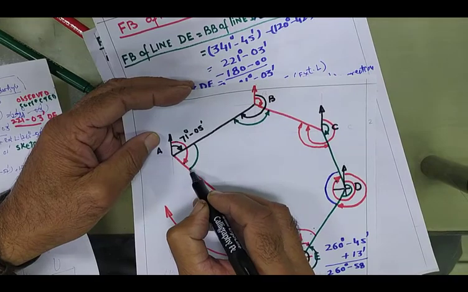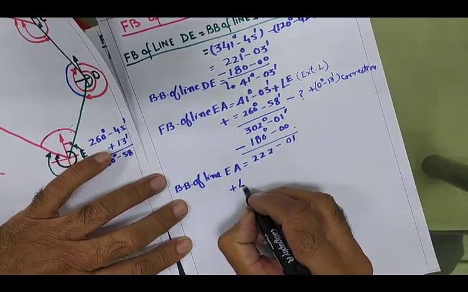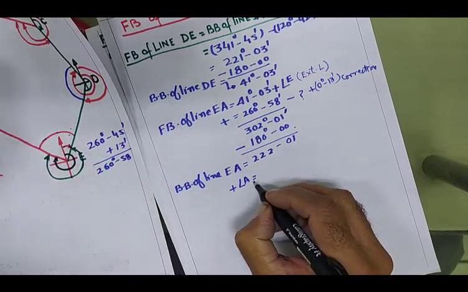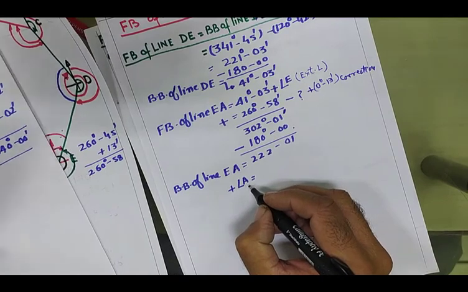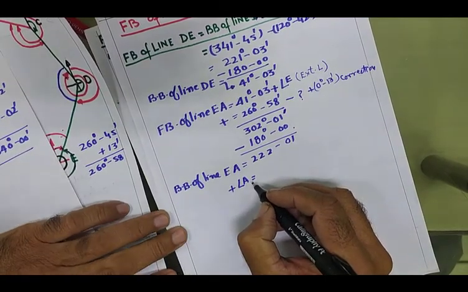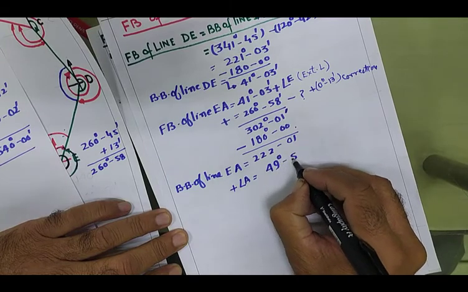You add over here this angle A. Here you can write plus angle A. This is the corrected value of angle A, 49 degrees 52 minutes.